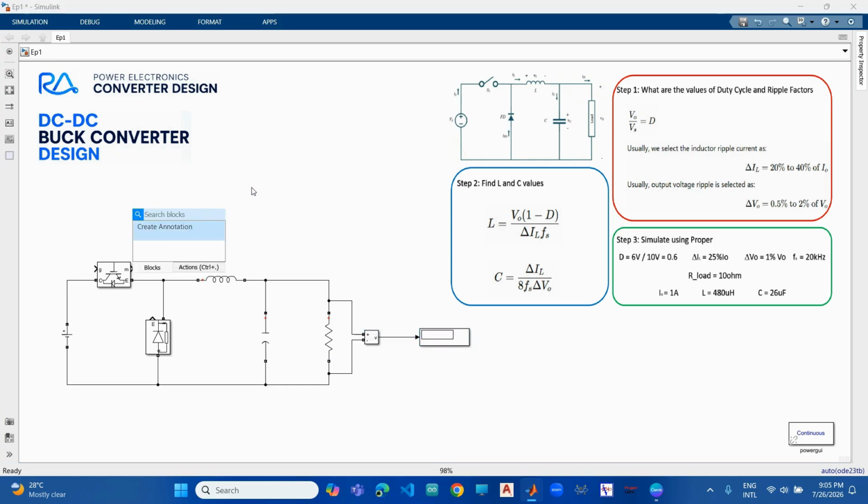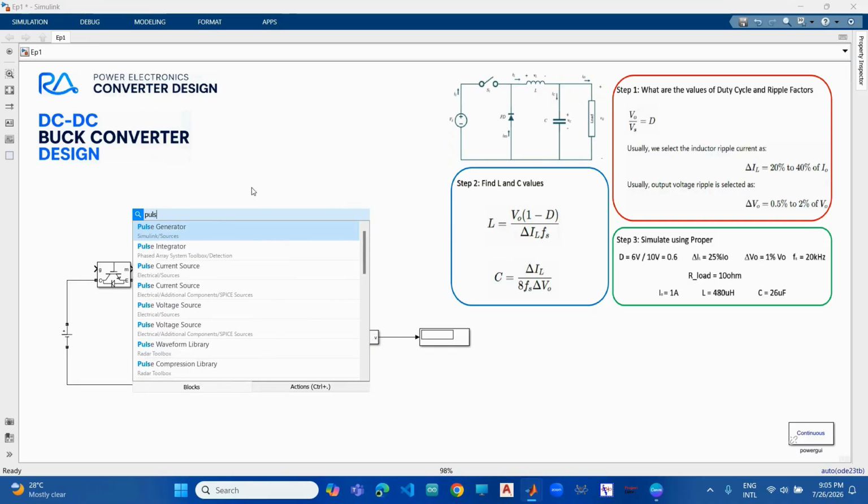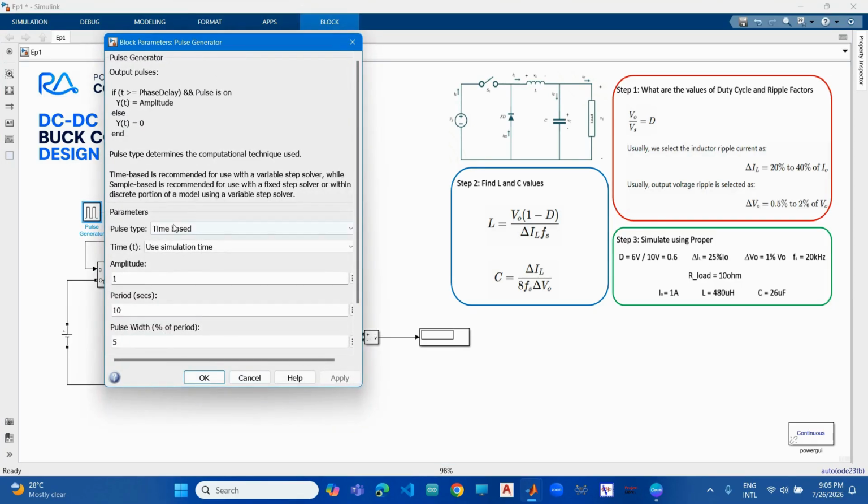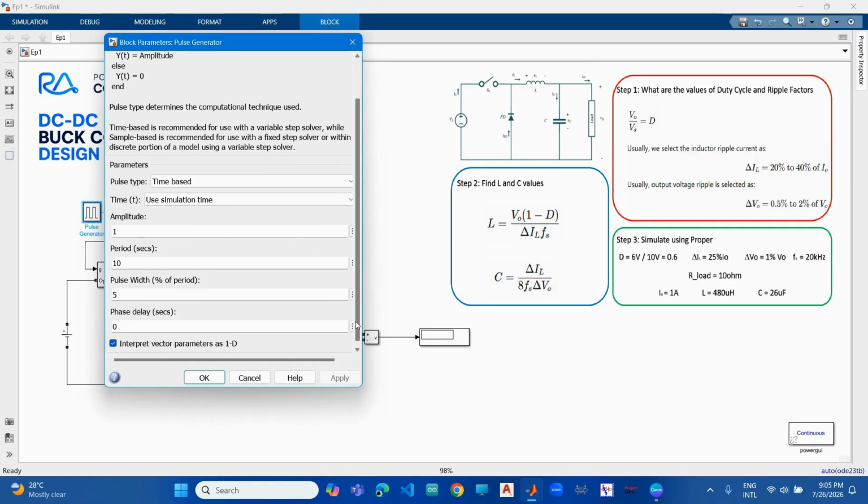Basically, to give the pulse, we have to select the pulse generator from here. In the pulse, the amplitude is 1. The period is 1 over the switching frequency we selected, so 1 over 20 kilohertz.